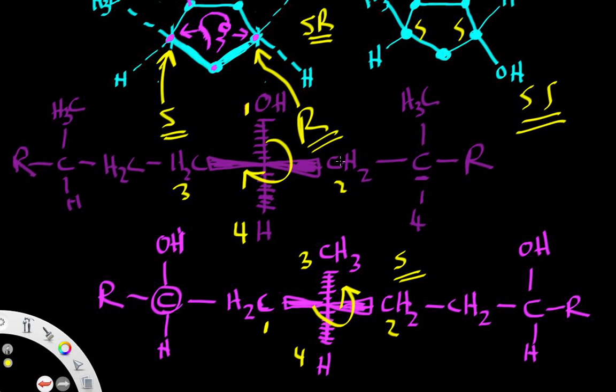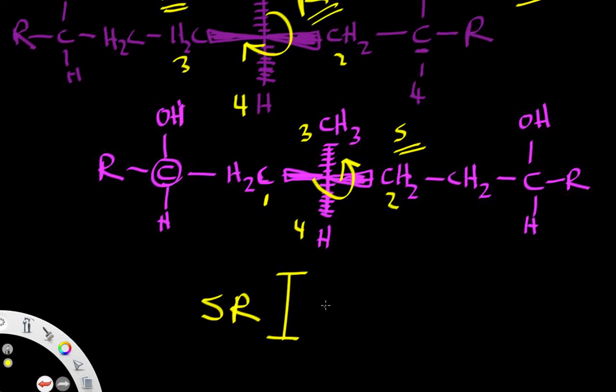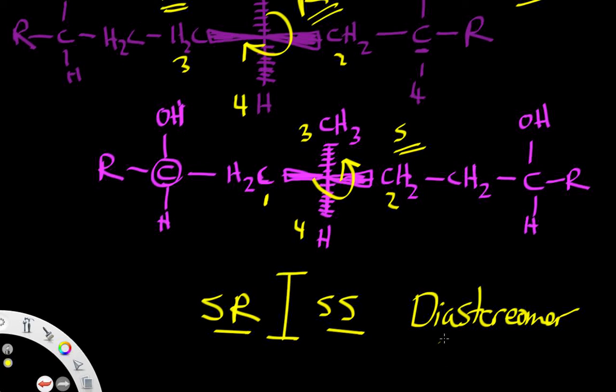Because remember, if we take SR and we put this mirror up and then we compare it to SS, we get a diastereomer. And remember, the enantiomer of SR would be RS. But since we have SS, we know that we are working with a diastereomer because it is not a mirror image of this molecule.